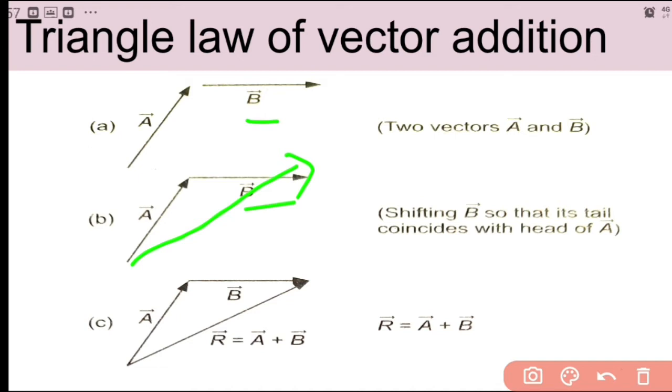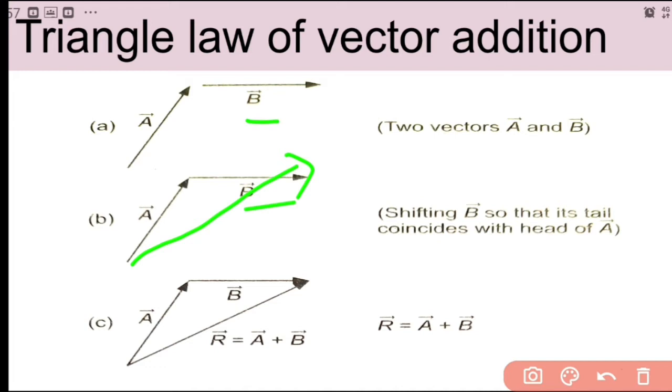So, first of all, keep vector A as such, then keep vector B on the head of vector A such that the tail of vector B coincides with the head of vector A. Then join the tail of vector A with the head of vector B. Then put the arrow mark in the direction A to B, so that third line which we have drawn represents vector A plus vector B. We usually use the letter R to denote the sum.